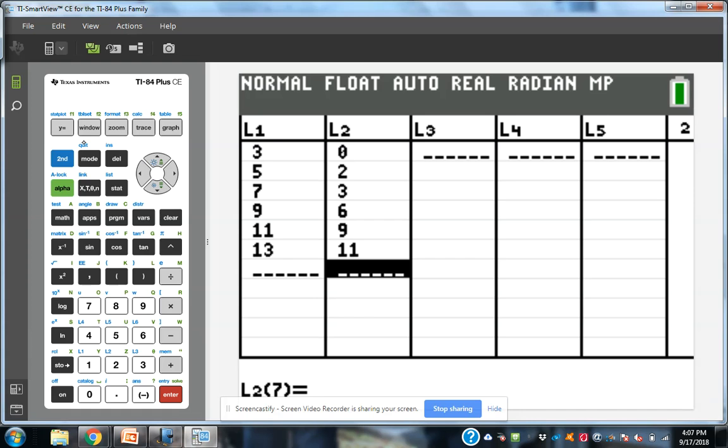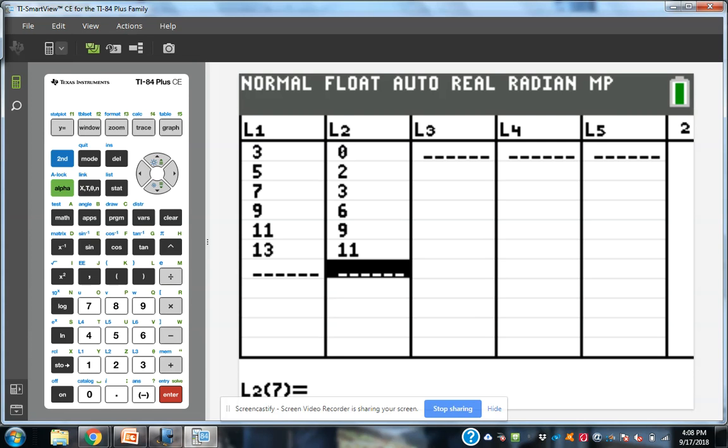Okay. Check your ordered pairs, make sure they're the ones from the table: 3, 0; 5, 2; 7, 3; 9, 6; 11, 9; and 13, 11. So make sure you've got your ordered pairs in there together, that you don't have an extra X value or an extra Y value because that'll cause us problems.